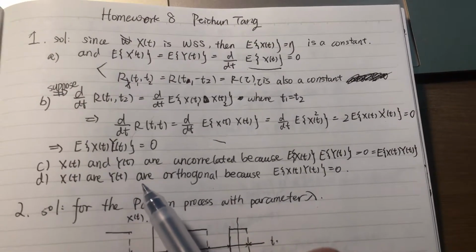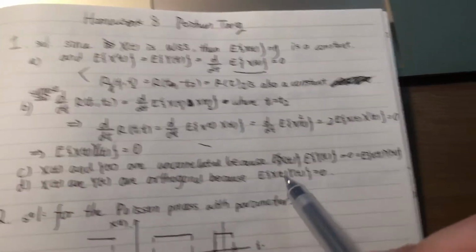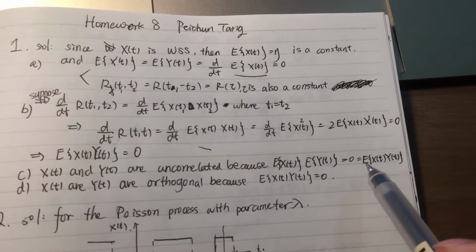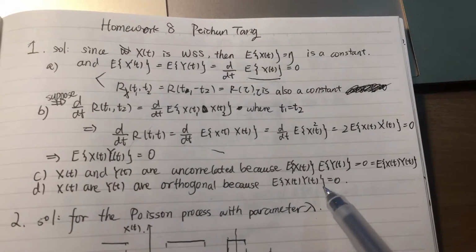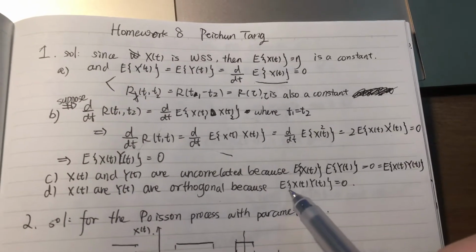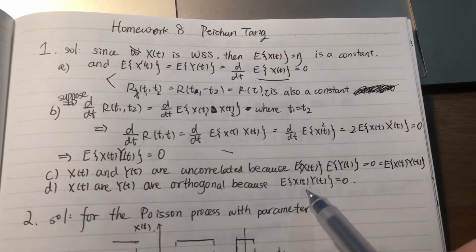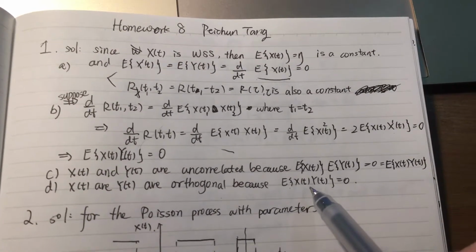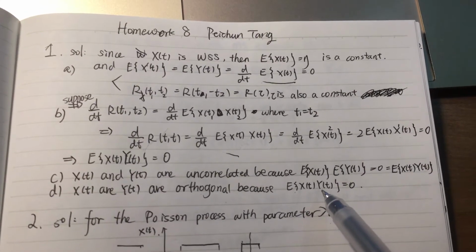And X(t) and Y(t) from the first question are also orthogonal, because, as we know from the equation above, E[X(t)Y(t)] is equal to 0. This is exactly the definition of orthogonal for two different events or functions.